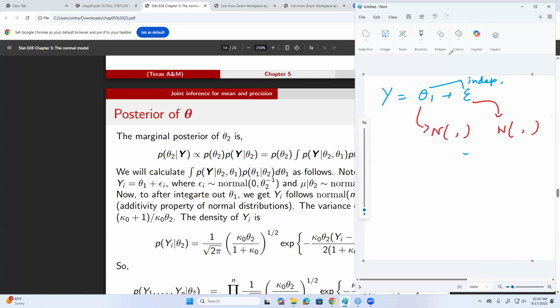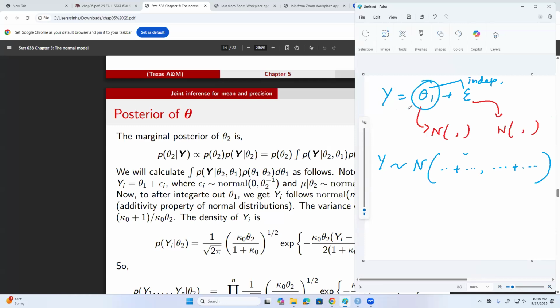So y, after integrating out theta 1, that means you put the distribution of theta 1 there. Don't consider theta 1 a given parameter. You put a distribution of theta 1, you put a distribution of epsilon. Then y follows a normal distribution with mean this plus this mean, and variance this plus this variance.